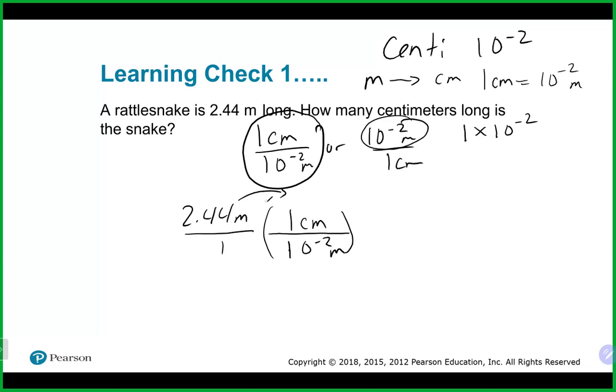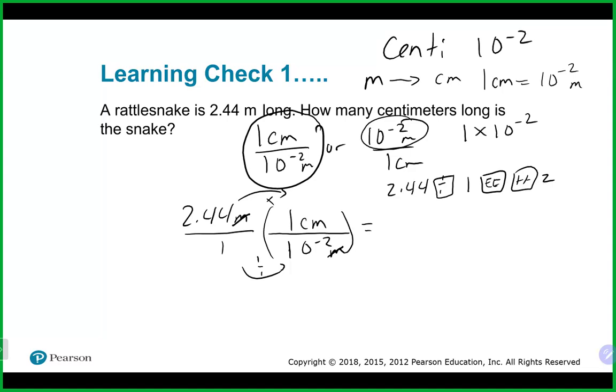Again, we're going to multiply the top, divide the bottom. The meters will cancel. And if you're going to punch this in, 2.44, we're going to divide 1, exponent button, negative button, and 2. Yeah, that's the proper way to punch that in.